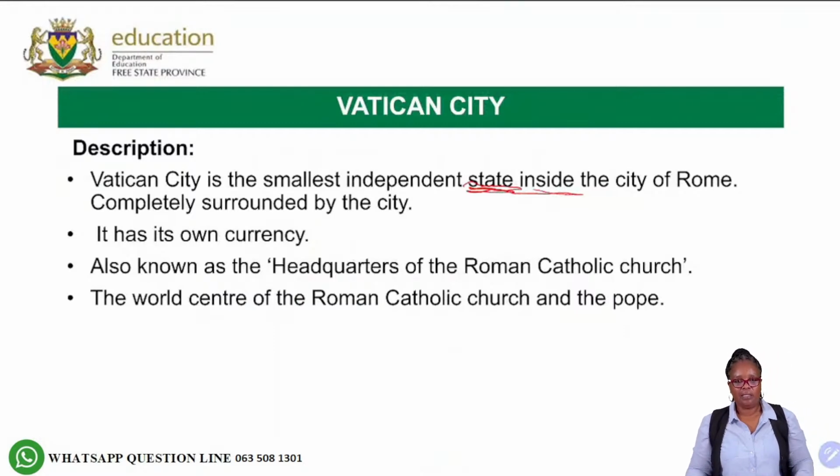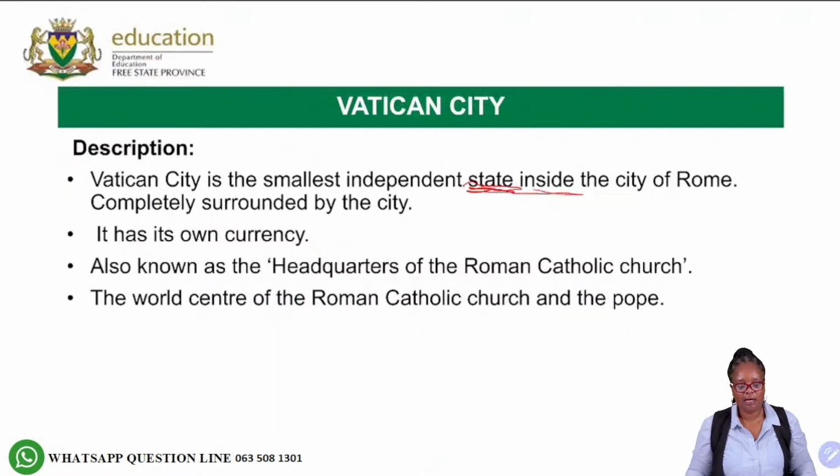So we know that Vatican City is completely surrounded by the city. It is inside. They have their own currency, their own money that they are using as an independent state. This city is also known as the headquarters of the Roman Catholic Church.